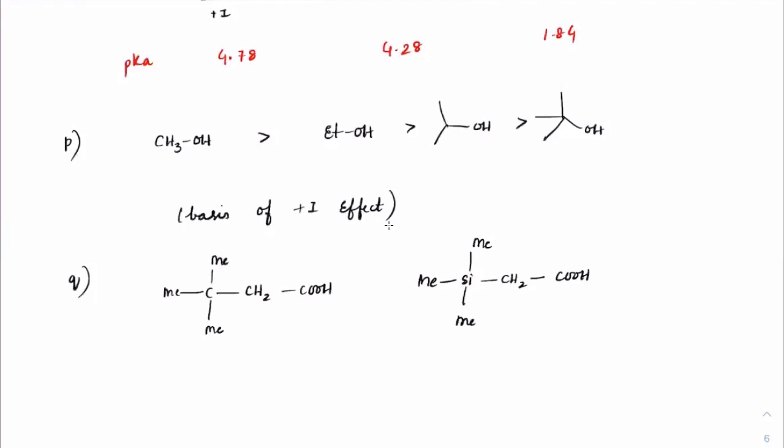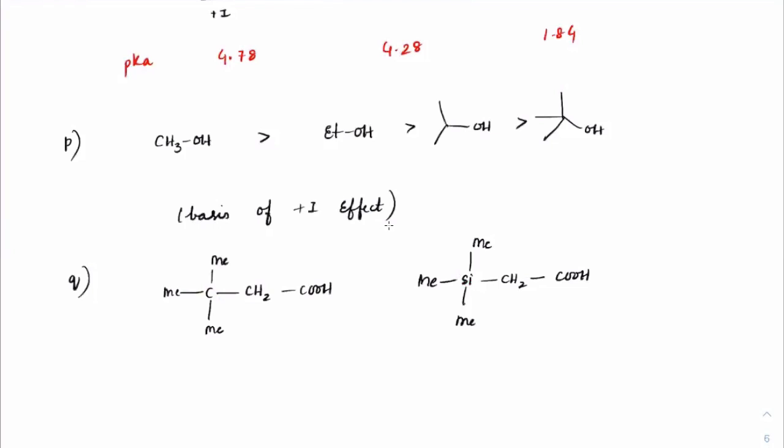Check. If you consider carbon and silicon, which is more electronegative? Carbon is more electronegative, which means silicon is more donating as compared to carbon in this case. Clear? There is no resonance picture coming here. It is only the inductive effect which you need to check out.